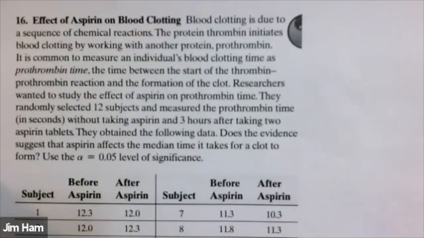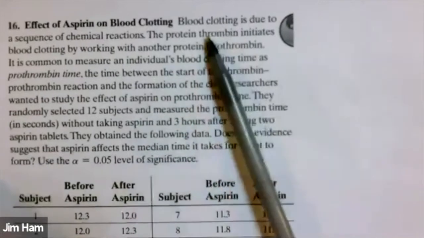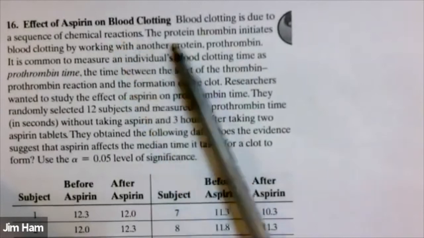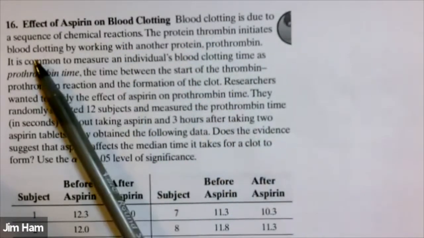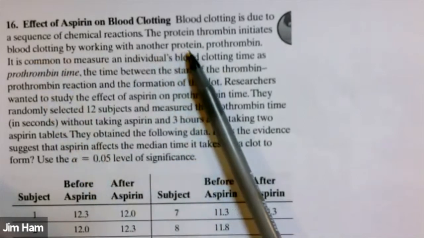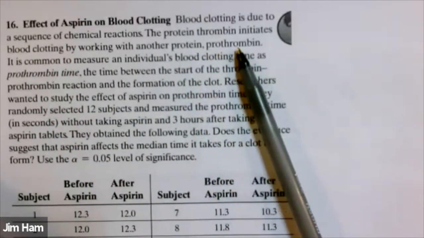This problem deals with the effect of aspirin on blood clotting. So they talk about blood clotting here. And there's a protein, thrombin, that initiates blood clotting by working with another protein, prothrombin.